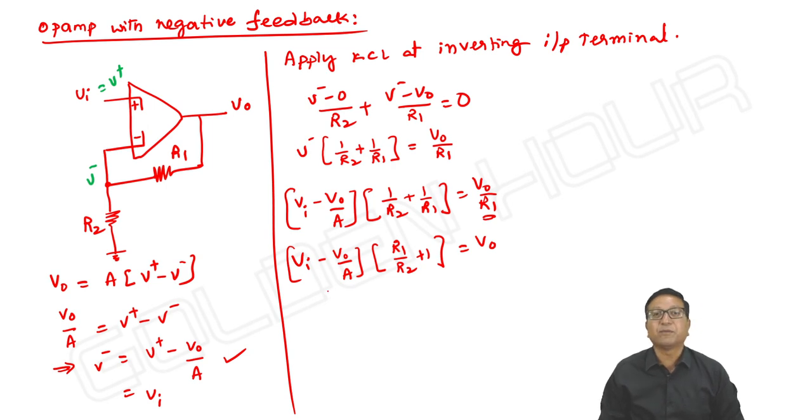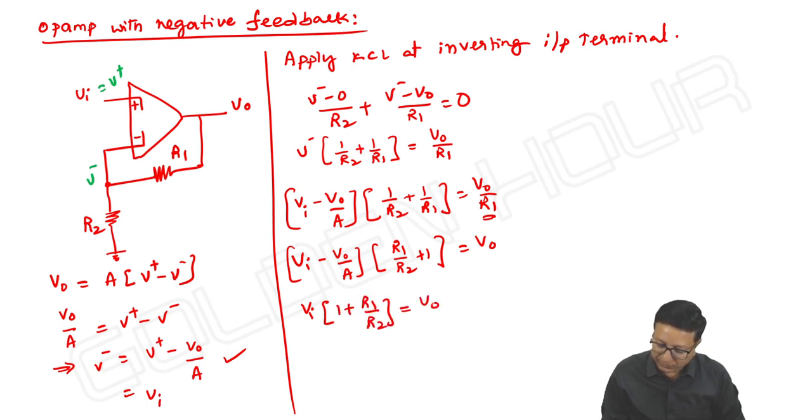Let us separate Vi and V output terms. So Vi into (1 plus R1 by R2) is equal to V output into (1 plus 1 by A multiplied with (1 plus R1 by R2)).